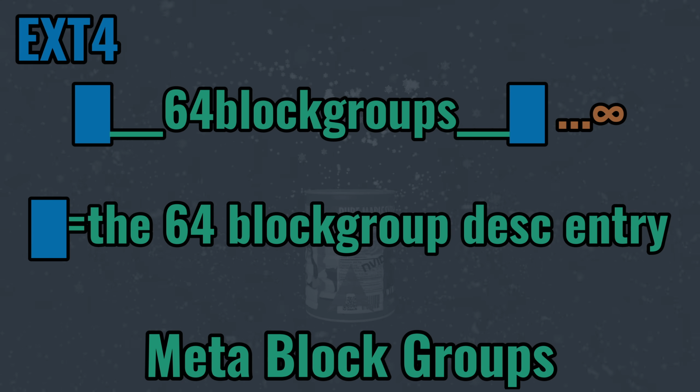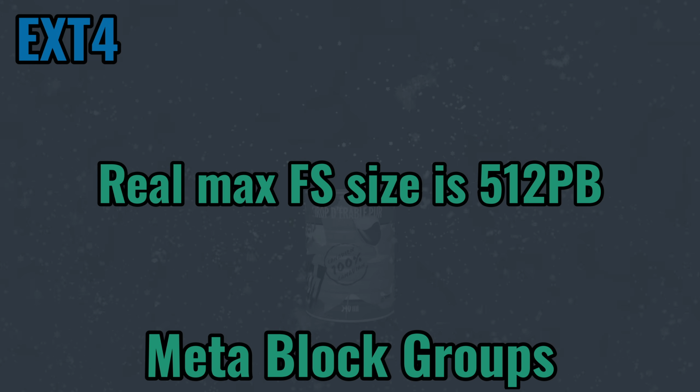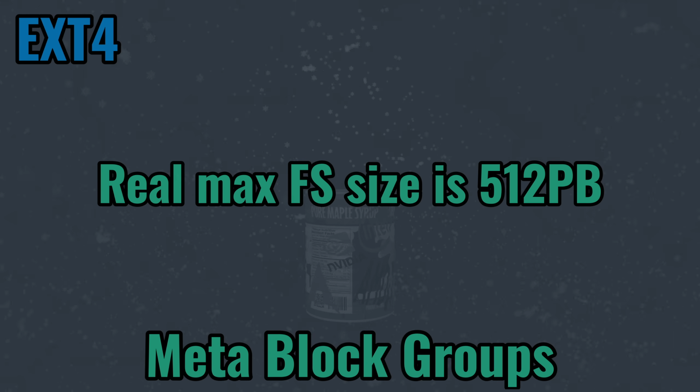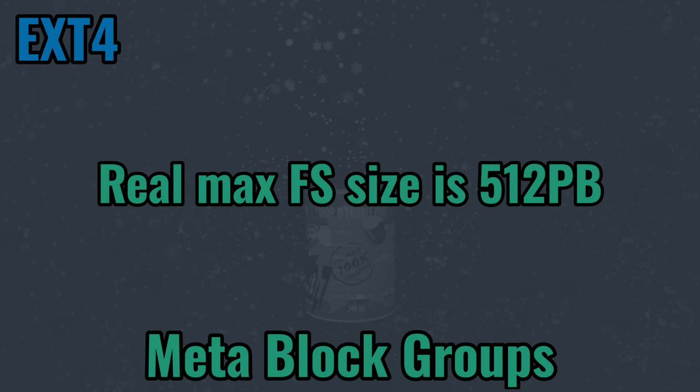Now, this is why I told you that the 1 exabyte is kind of a lie. It's not really written anywhere, but if your meta block group cannot even get there, and without meta block group you cannot go further than 256 terabytes, well, for sure you're not getting to 1 exabyte, right? Because our hard limit here is 512 petabytes.